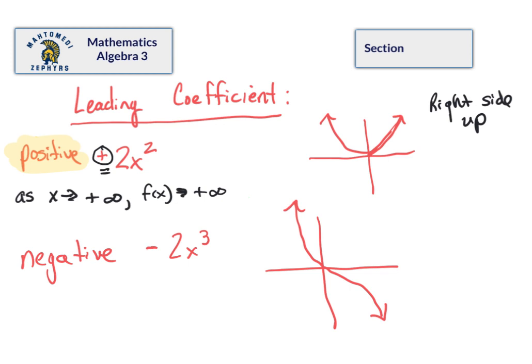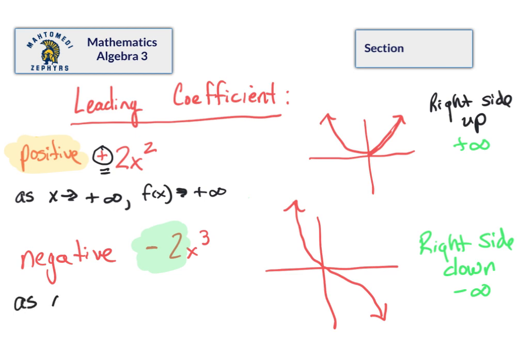If we come across a function where the leading coefficient is negative, notice now the right side is going down or to negative infinity. When you have a positive leading coefficient, the right side is going up, and when we have a negative coefficient, the right side is going down.